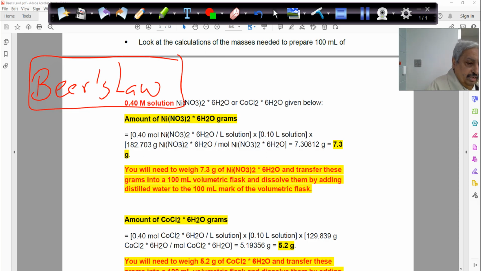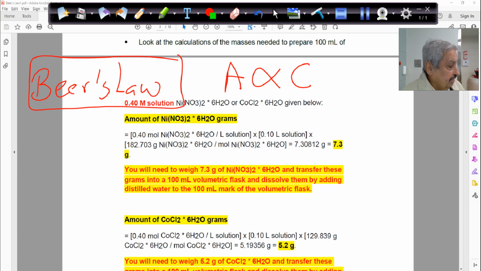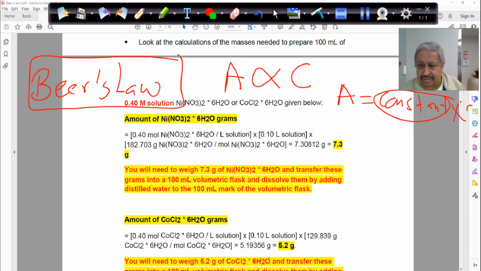We said absorbance is directly proportional to the concentration, correct? So A equals a constant multiplied by the concentration. That constant is the molar absorptivity, correct? The molar absorptivity of what? Of the material, the glass you are using, since the light will go through this material. What type of glass you are using, how much silica, that's the constant here.